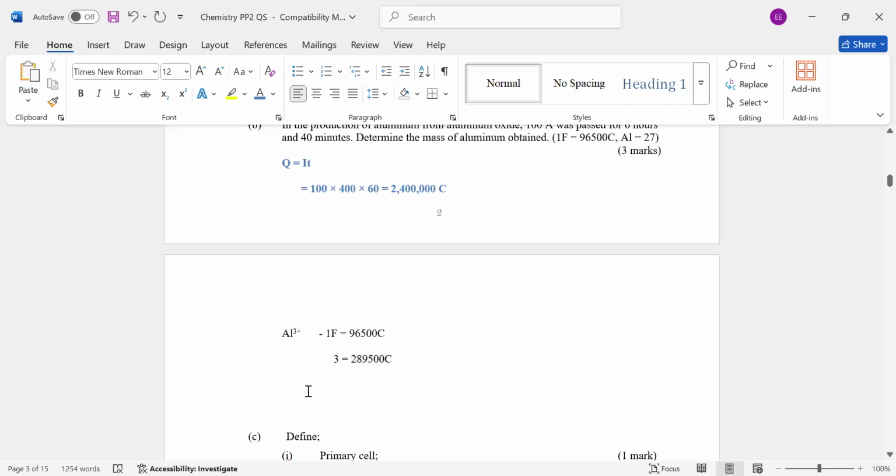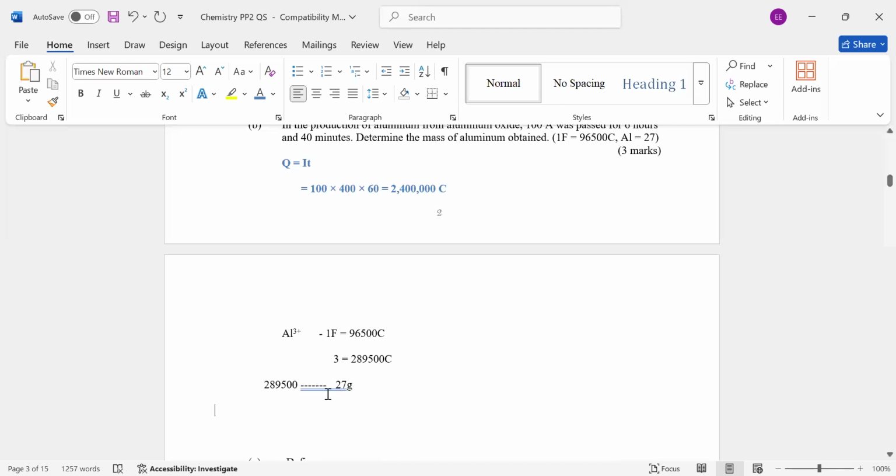So this charge that we have here, the standard, which is 289,500, is used to deposit the mass of aluminium. In this particular case, you've been given the mass of aluminium as 27 grams. Of course, that is the RAM of aluminium. Then you're being asked, this charge that we do have here will deposit what mass of aluminium?